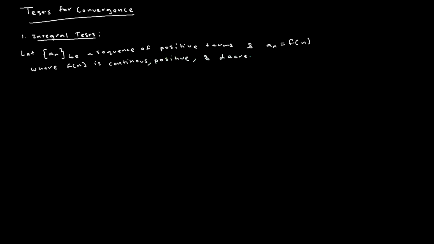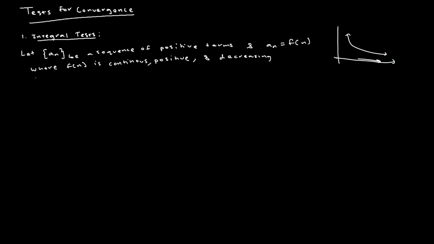So continuous, positive, and decreasing functions kind of look like this, right? Where they're decreasing as we increase our x, but they're always above the x-axis. So that's what it means.